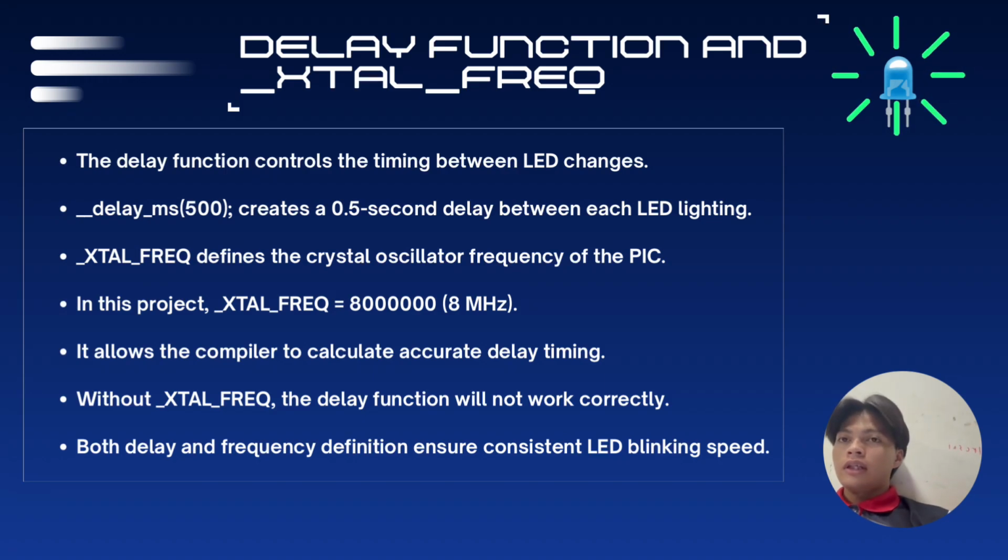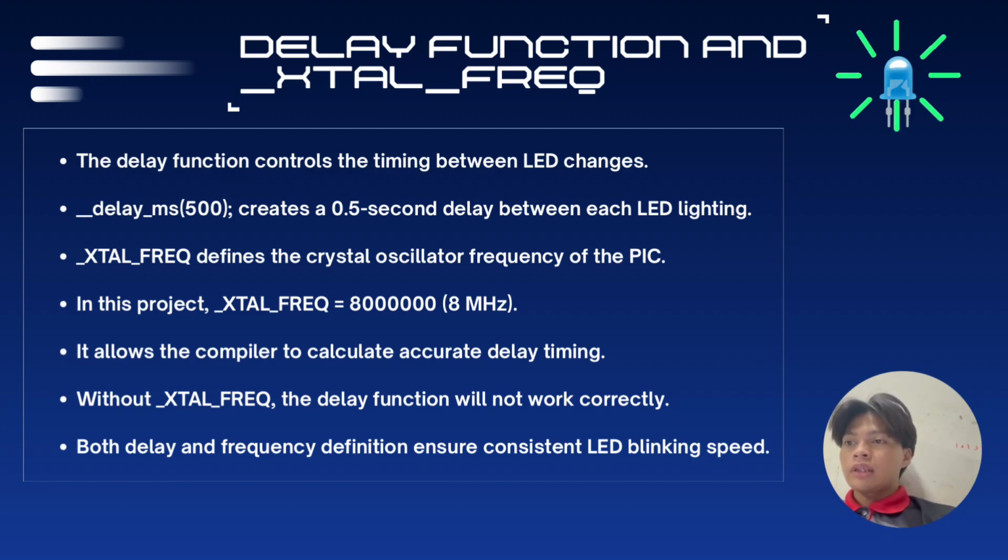Next, delay function and XTAL_FREQ. The delay function controls the timing between LED changes. Next, delay_ms(500) creates a 0.5 second delay between each LED lighting. XTAL_FREQ defines the crystal oscillator frequency of the PIC.